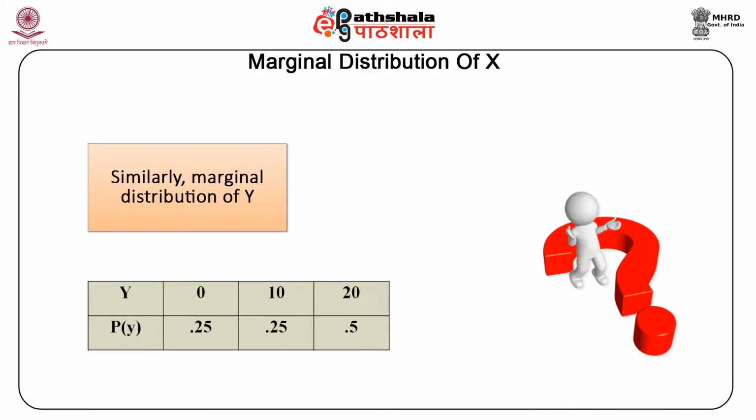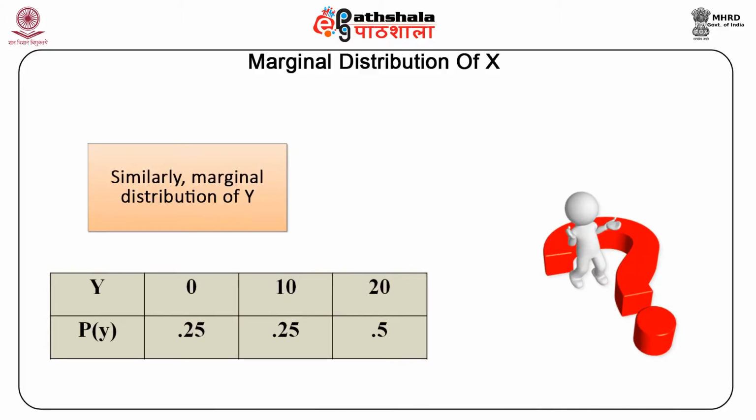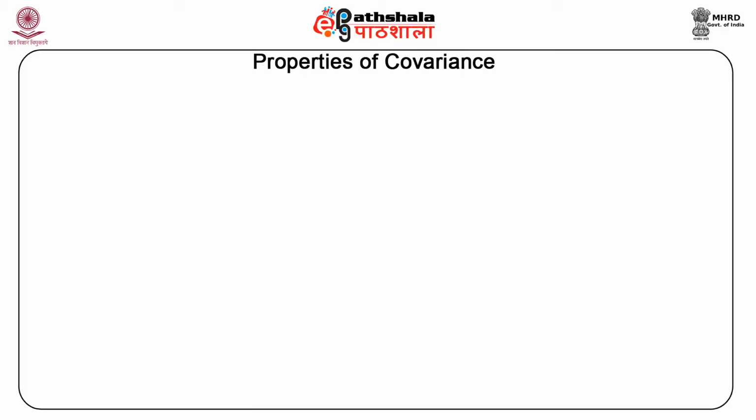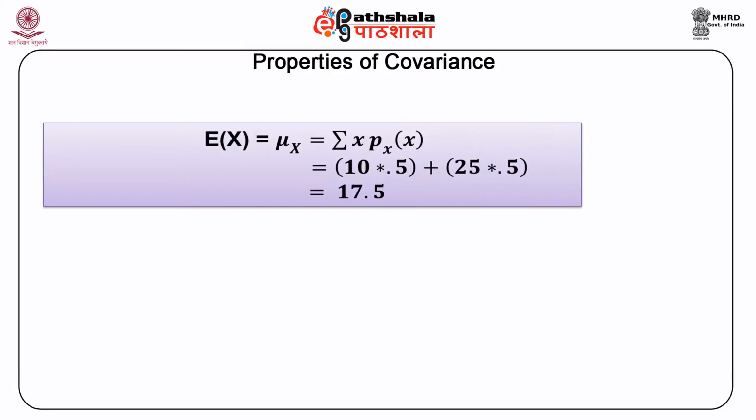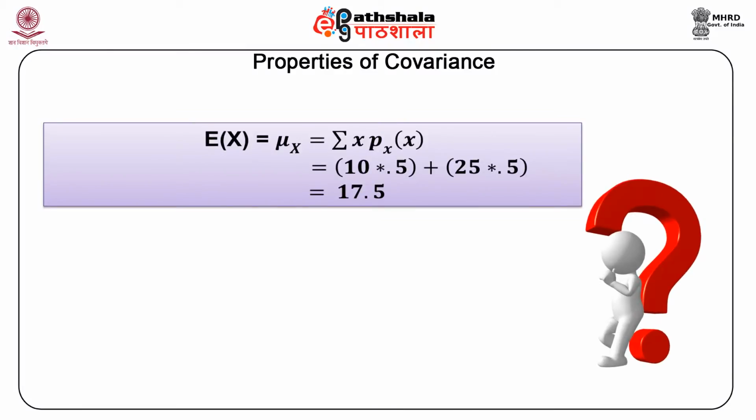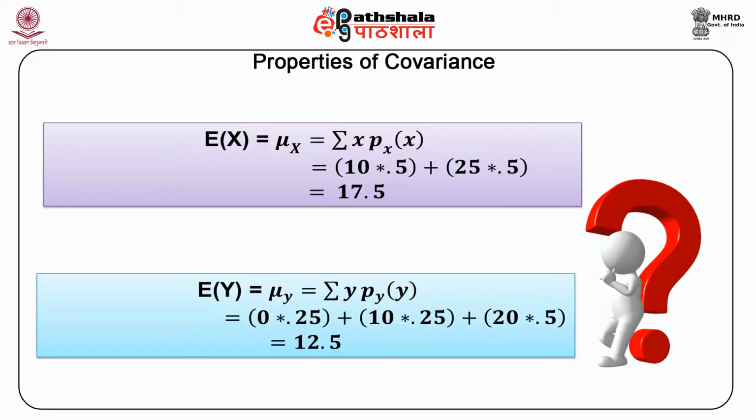In a similar manner, we can make a table for the marginal distribution of Y. From previous tables, we can find out the expected value of X and Y. E(X) is equal to mu x, which is equal to sigma x times p X of x, which is equal to 10 multiplied by 0.5 plus 25 multiplied by 0.5, which is equal to 17.5. E(Y) is equal to mu y, which is equal to sigma y times p Y of y, which is equal to 0 into 0.25 plus 10 into 0.25 plus 20 into 0.5, which is equal to 12.5.